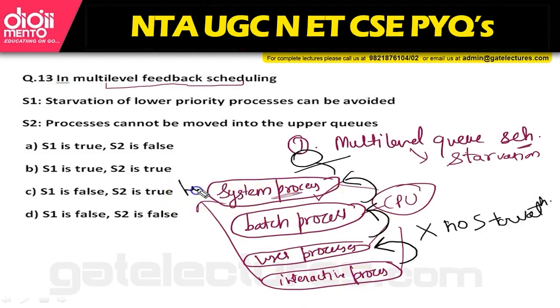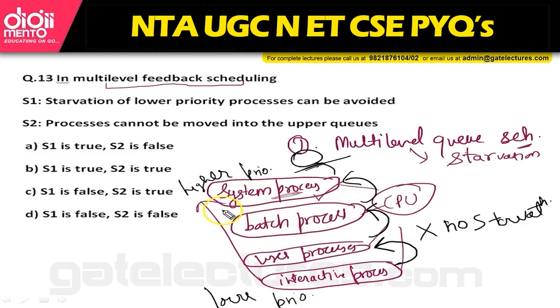Let's say in the upper ones, higher priority processes are there, and in the lower ones, lower priority processes are there. So my queue will move upward. It depends on how they are implementing it, but the case is that they will move upward. They will get their priority changed, and when they reach the highest priority state, they will get the CPU for execution. That's why there is no starvation, and the priorities are categorized.